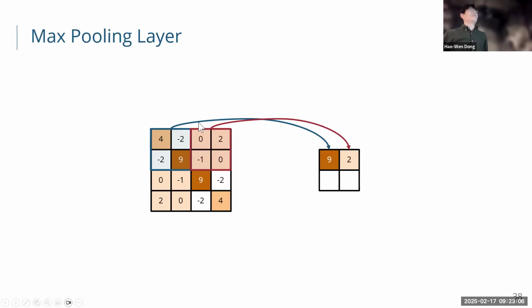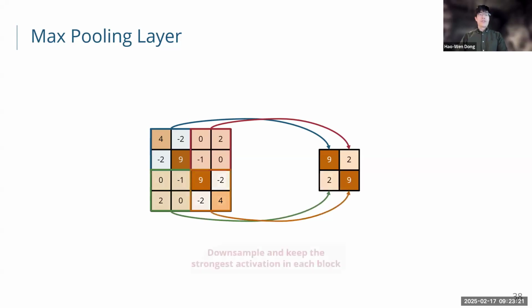That's the default way people do it. We don't do overlapping in the max pooling layer. You have a 2 by 2 filter to get the max, and then you jump 2 pixels at a time to get the output. In our case, this is the simplest way that I usually do my CNNs because it's easier for you to calculate.